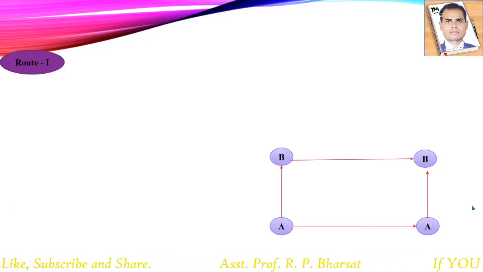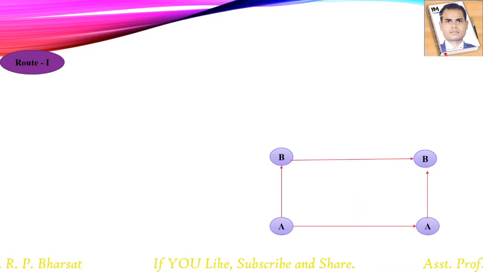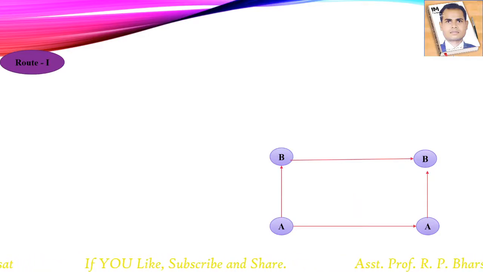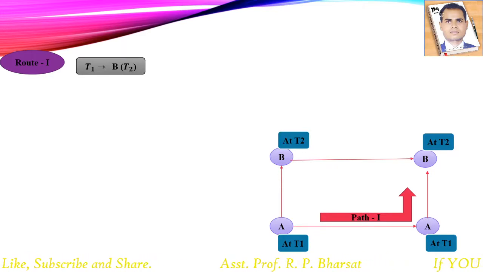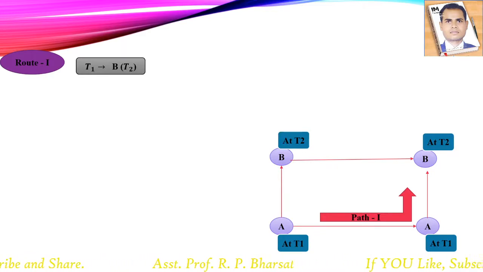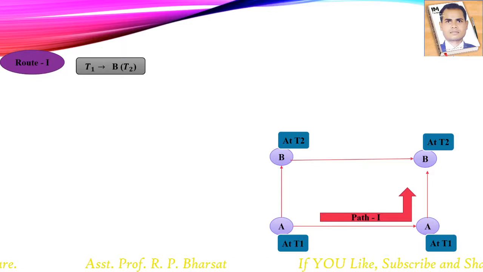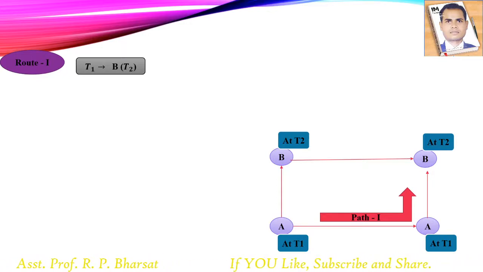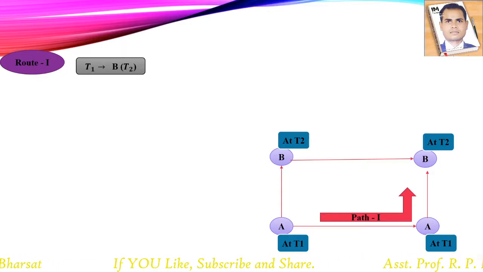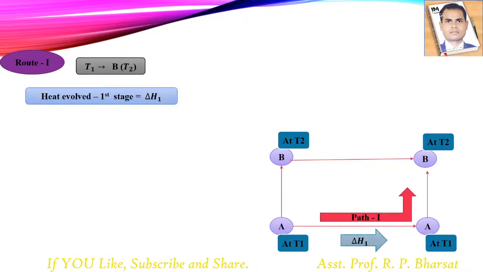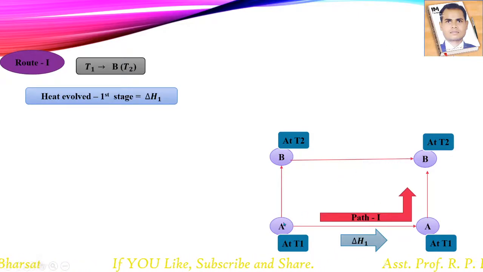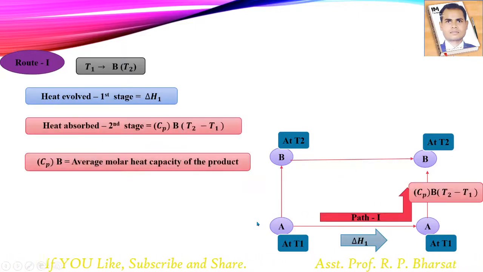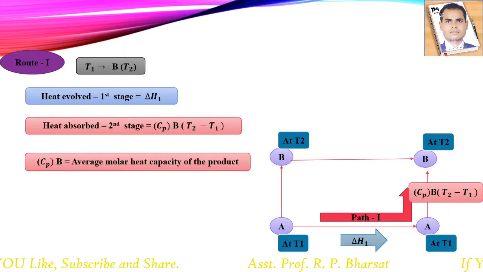If we perform the reaction at temperature T1 to obtain B at the same temperature, and then heat up to temperature T2, in the reaction heat evolves, that is delta H1. This is the first stage.